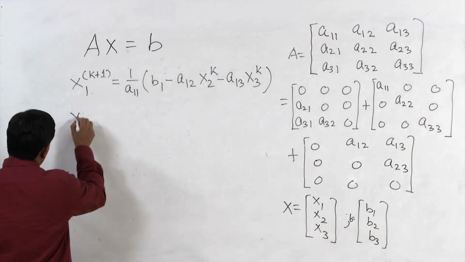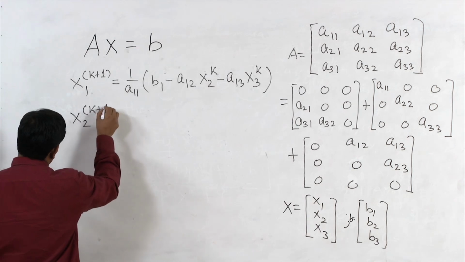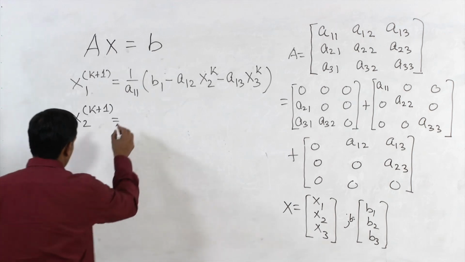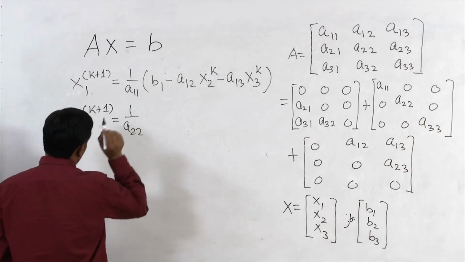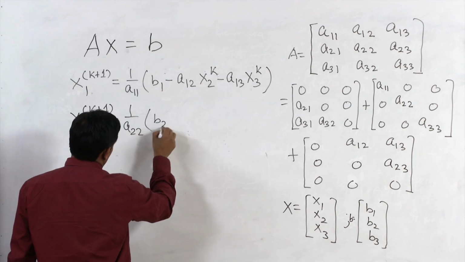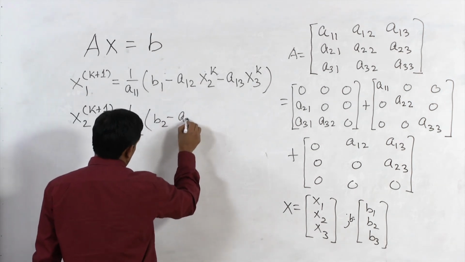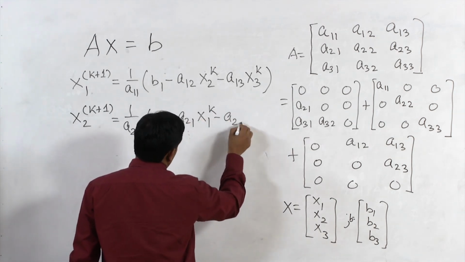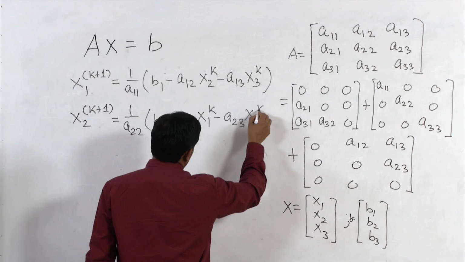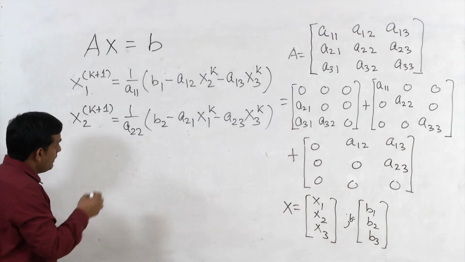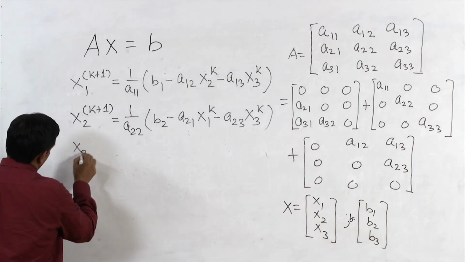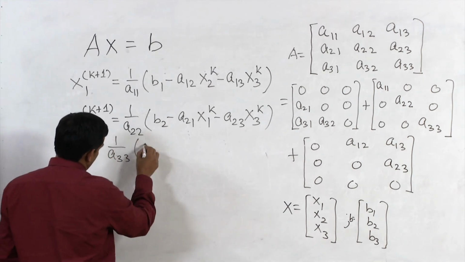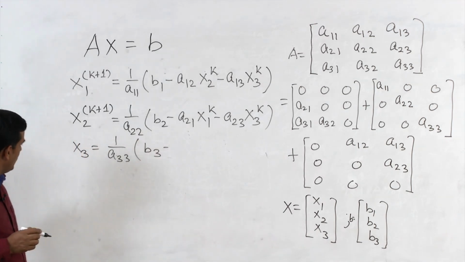Similarly, from the second equation we can get the iterative equation for the variable x2, and it is given as 1 upon a22 into b2 minus a21 x1^k minus a23 x3^k. Finally, from the third equation I can write the iterative scheme for x3.